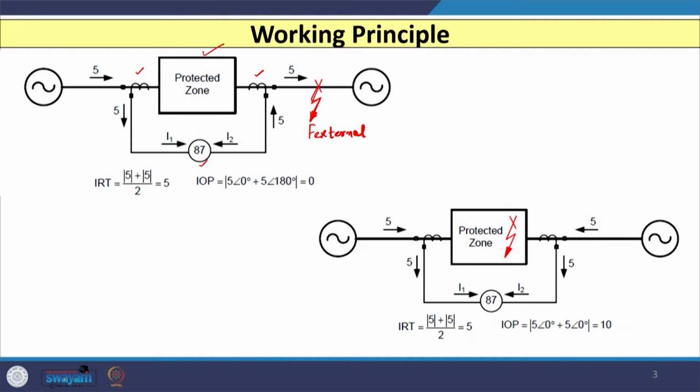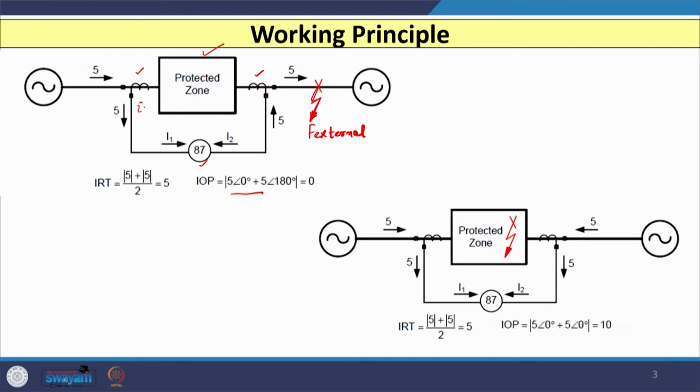The operating current in a biased or percentage differential relay is given by I1 minus I2, whereas in a digital relay it is given by the phasor addition of the two currents, I1 and I2.